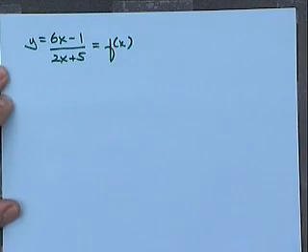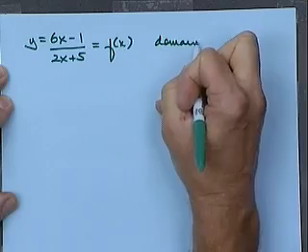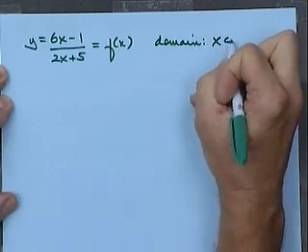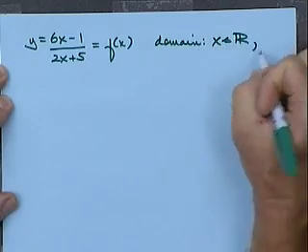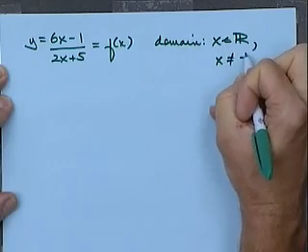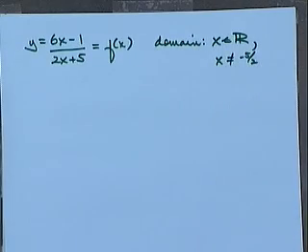What's the domain of the original f of x? Okay, negative 5 halves, right? Any real number except x equals negative 5 halves. We could put that in interval notation, but that's basically the domain.